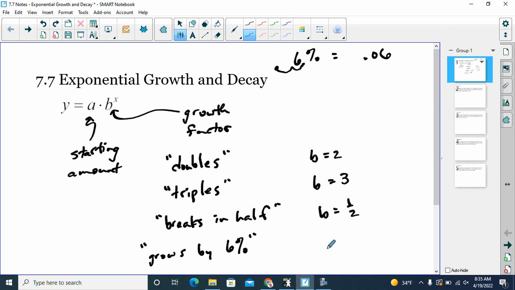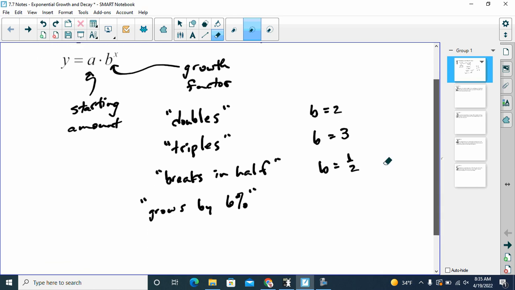The problem is my b value can't be 0.06, because 0.06 is less than 1, and if it's less than 1, it's not growth. So there's something we need to do before we move that decimal point. If it is growing, if it's getting bigger, we want to start with where it's at right now, and right now it's at 100%.